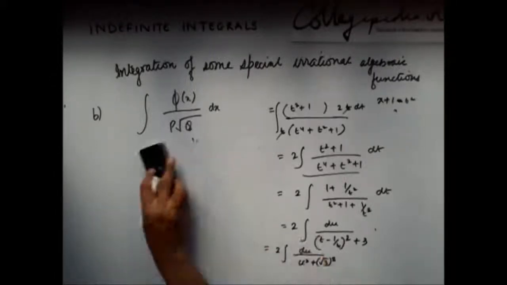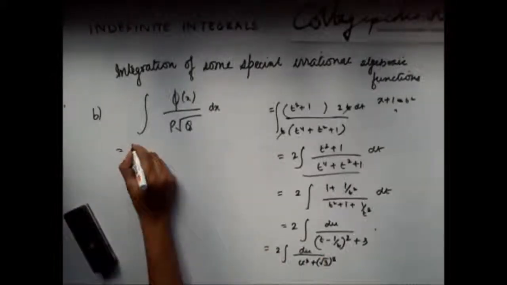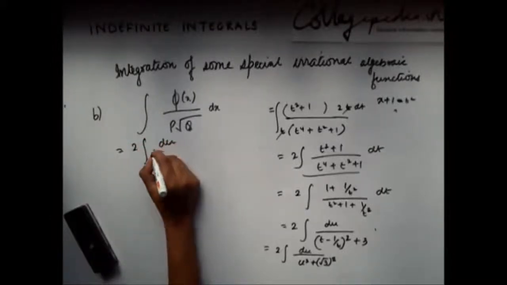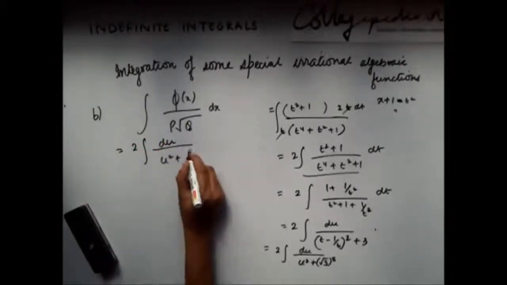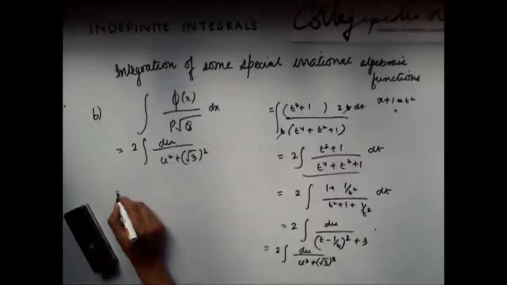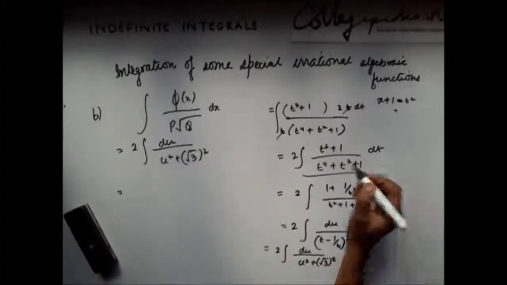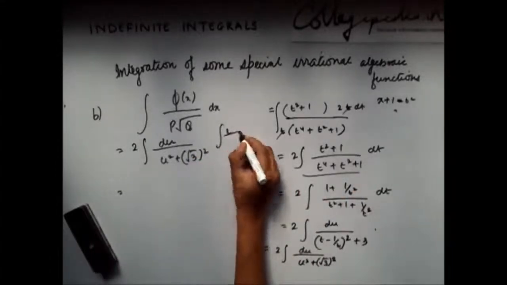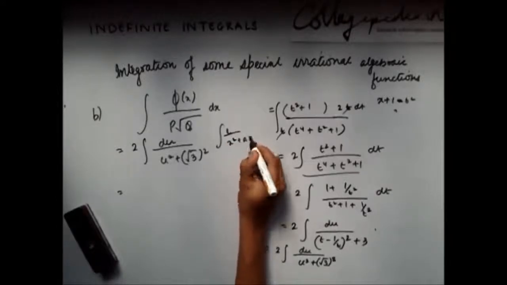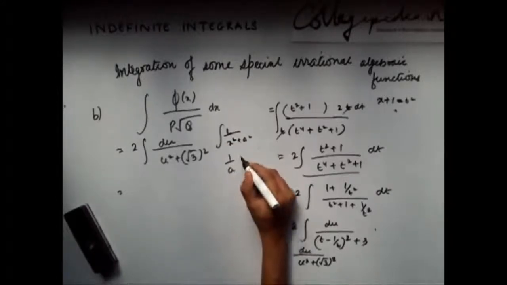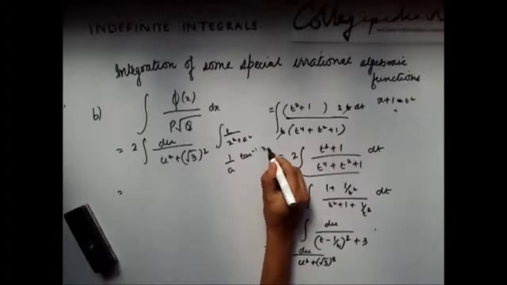So now I am left with integrating du divided by u square plus root 3 whole square. Now this is of the form of integration of 1 by x square plus a square, whose integration I know is 1 by a tan inverse x by a.